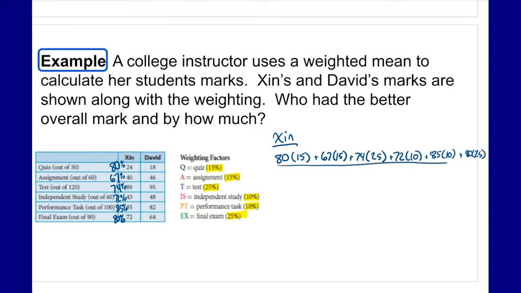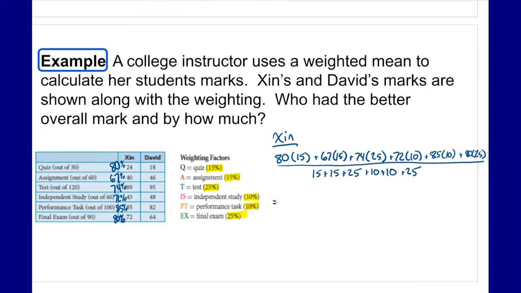And that's all going to get divided by the sum of the weight factors, which we've highlighted, which in this case is 15 plus 15 plus 25 plus 10 plus 10 plus 25. Generally speaking, it should usually add up to 100, which it does in this case.